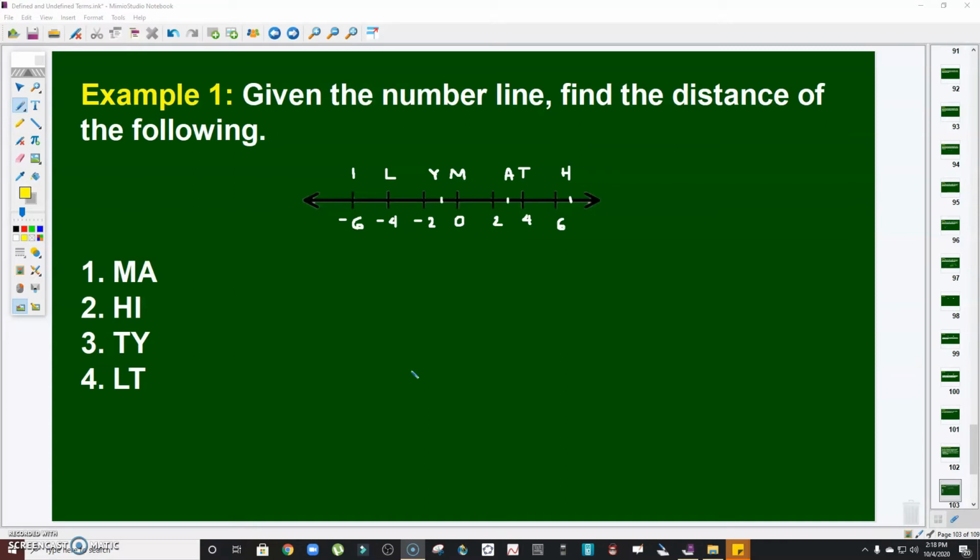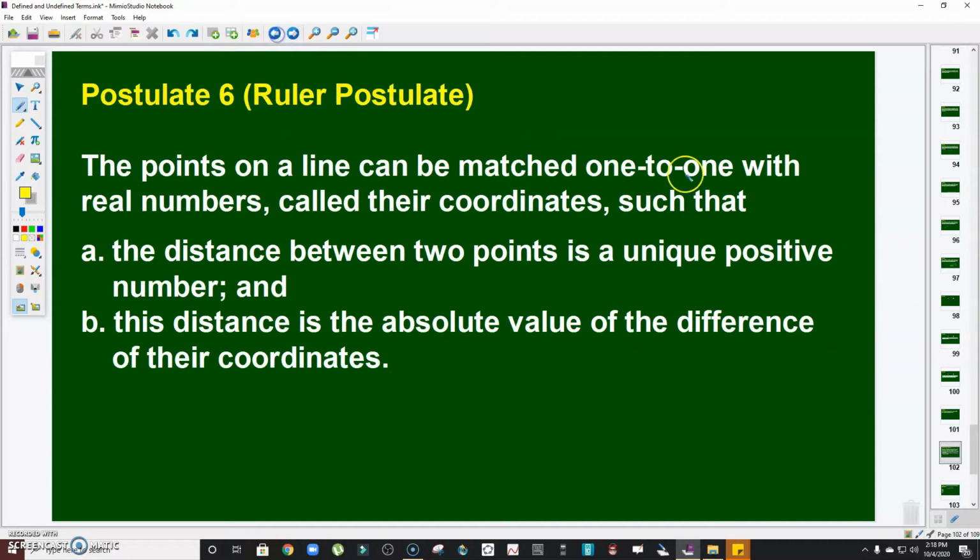Okay. Example number 1. Given the number line, find the distance of the following. Okay. So, again, ang sabi natin kanina, MA means the distance or the length of segment MA. Right? Okay. So now, according to the ruler postulate, there is a one-to-one correspondence between the point and the real number line.